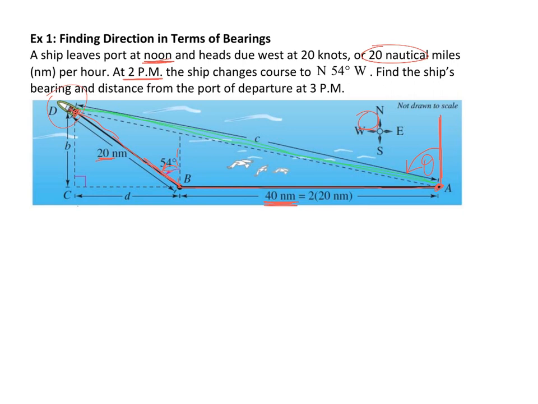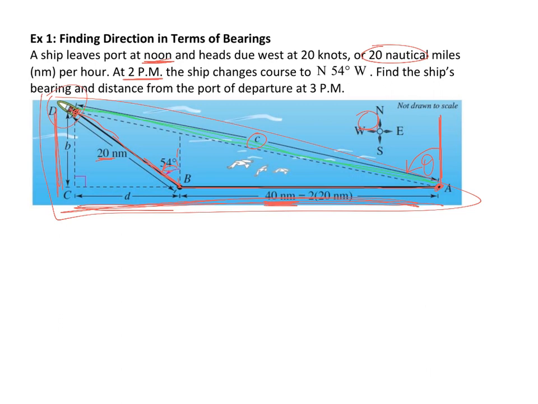If I figure out this length and this length, notice that this whole thing is a big right triangle. I could combine these two lengths, and then I have this one, so I could use the Pythagorean theorem and get c, which is the distance from the point of departure. So let's try to do that first.